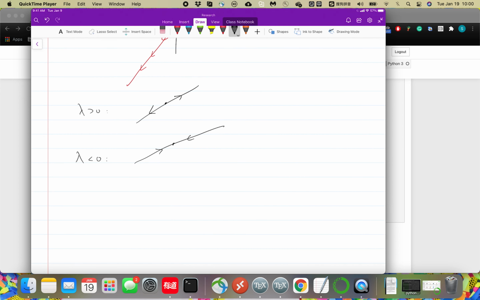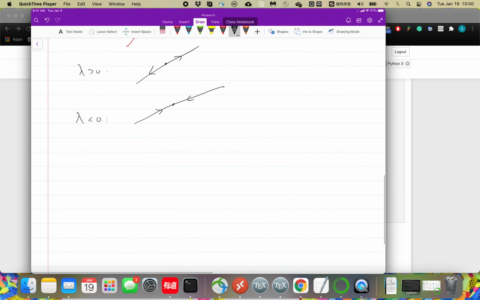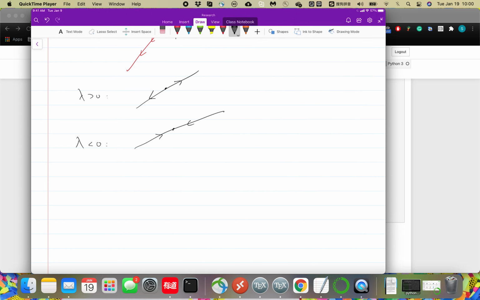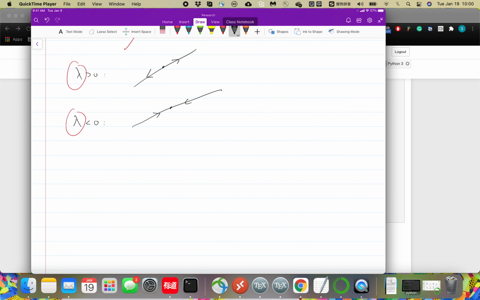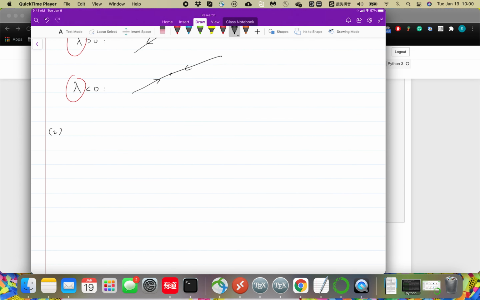It went from very far away, from infinity or the initial value, and comes back to 0, 0. So if we just care about what happens on a straight line, these will be the two cases. And the way to tell which case it is, we look at the eigenvalue lambda, whether it's positive or negative, corresponding to e to the lambda t, which gives you something decreasing or increasing.